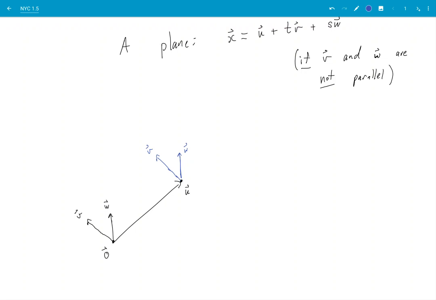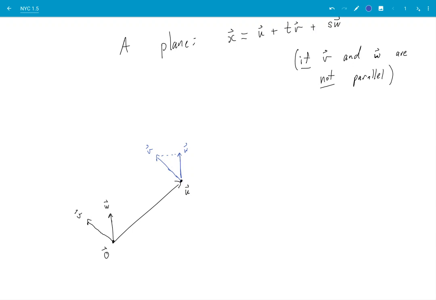Now to visualize this plane, what I do is I think about this triangle. Think about this triangle here. That's a triangle there. So I want you to visualize this triangle kind of floating in space.